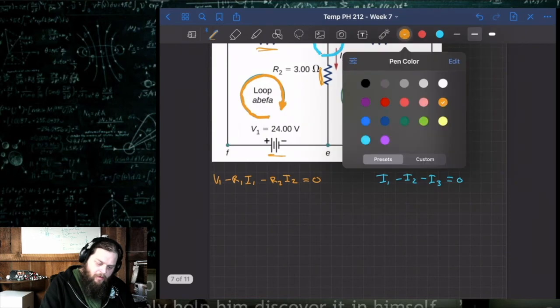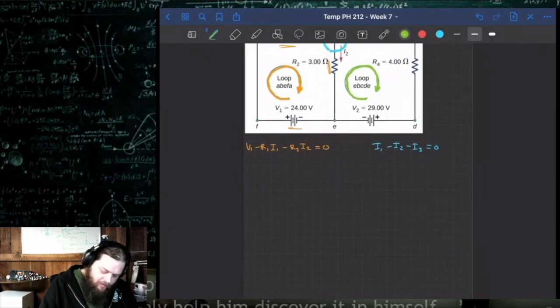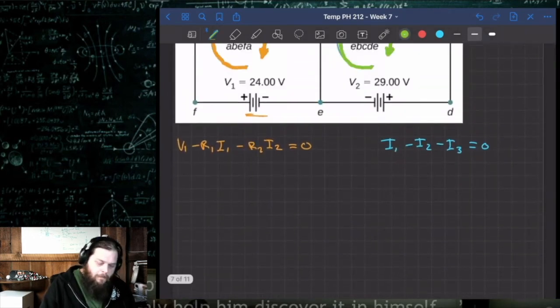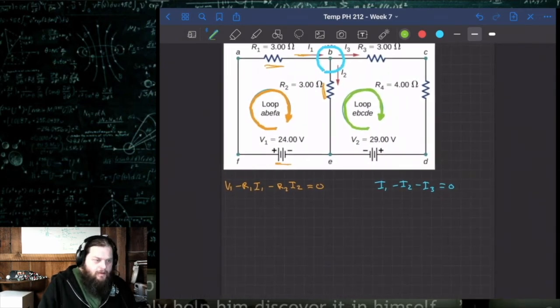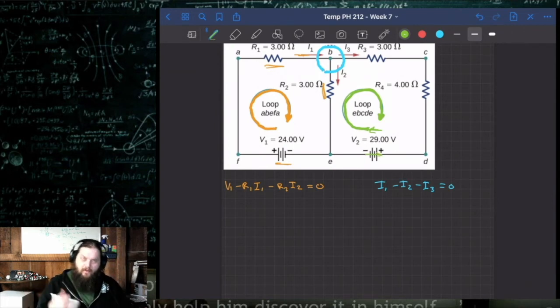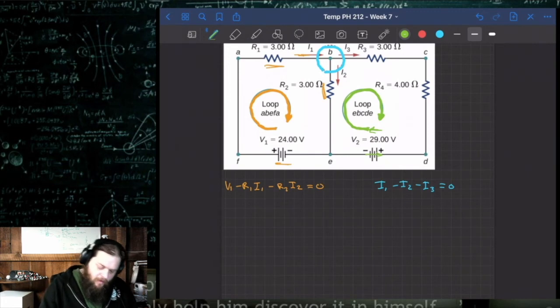And then my third loop, draw a little bit farther down here. Let's see if I can get it all in the same frame. So notice my direction of my loop is going this way, but my voltage supply is the opposite. My positive to negative current is going the wrong way. So I'm going to call this a negative V2 plus, I'm going to add, because again, my loop is going this way, but my current is going downwards, the opposite direction of my loop.